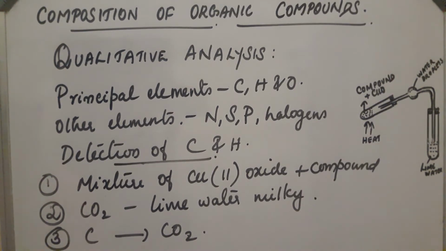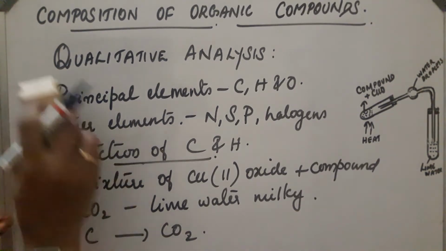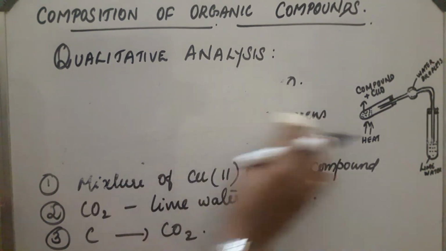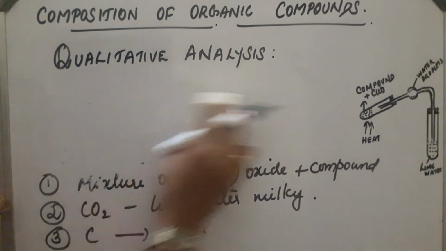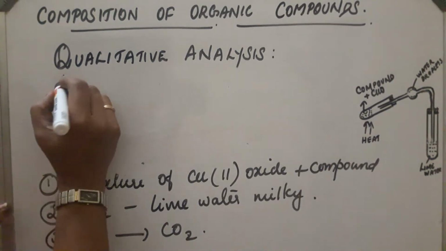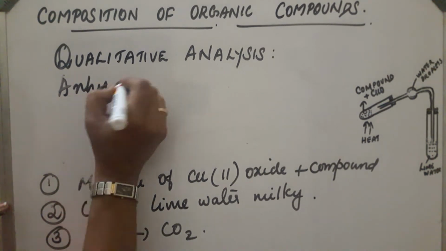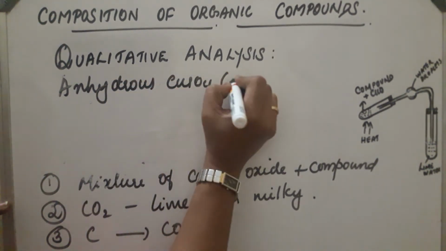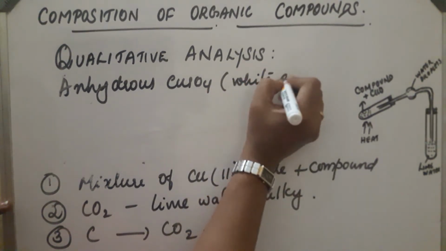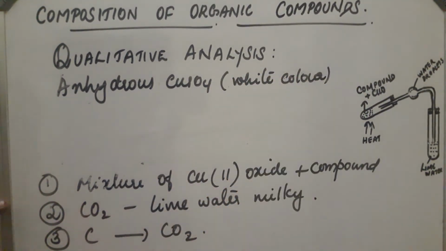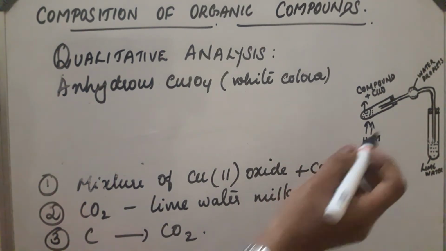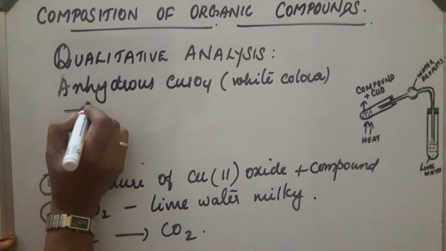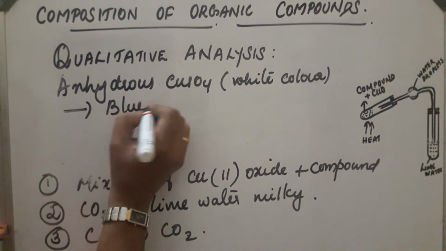This can be detected by adding anhydrous copper sulfate, which does not contain any water and is white in color. If we add this, what will happen? Due to the presence of water droplets, the anhydrous copper sulfate changes its color to blue.